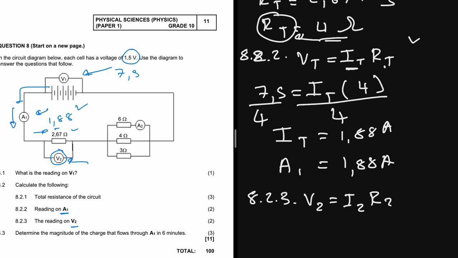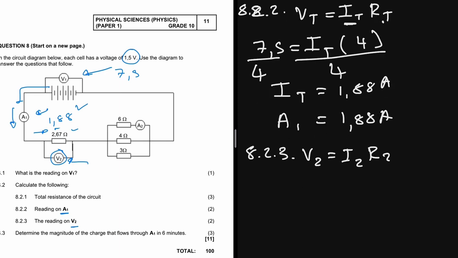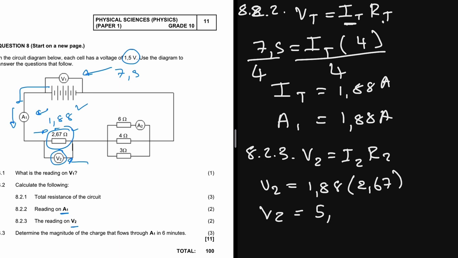So the current that passes through there is the total current, which is 1.88, and the resistance there is just 2.67 ohms. So to get the voltage of V2, we say 1.88 multiplied by 2.67, which will give us 5.02 volts. So 5.02 volts, that is our voltage of V2.